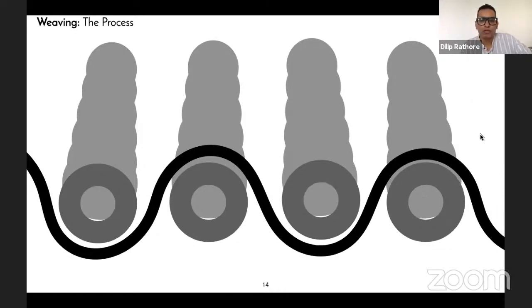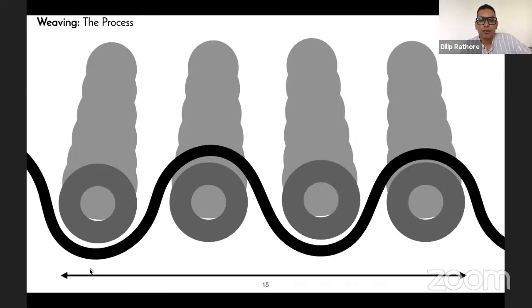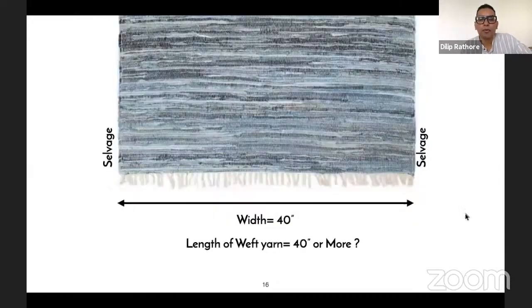So now the question is, for example, if the width of the fabric is 40 inches, how much is going to be the length of the weft yarn? Is it going to be 40 or more?